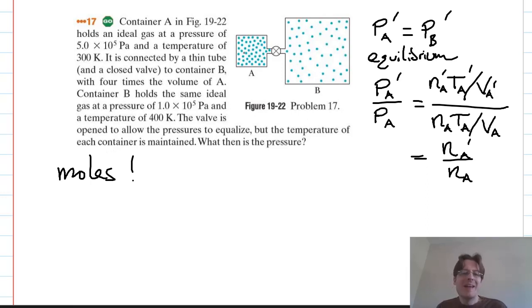Well, some of it is going to stream out of A into B. So A and B, they change. However, the total amount stays fixed. So crucial to keep in mind here that Na prime plus Nb prime, the total amount at the end, is of course the same as it is at the beginning.